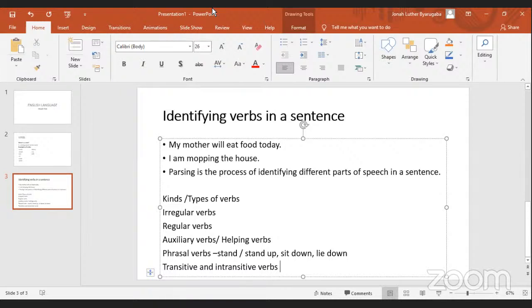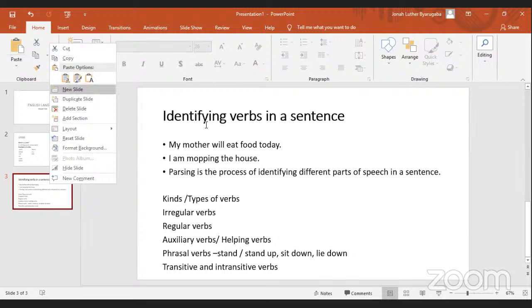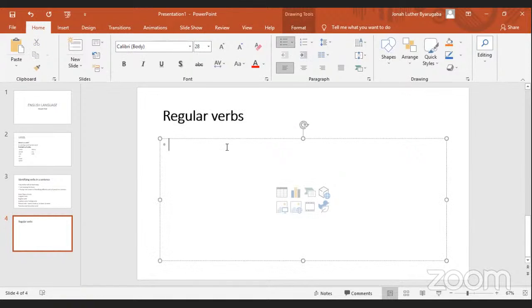So today we are going to look at only one type of verbs, and that is regular verbs. But before we dive into regular verbs deeply, we need to know that verbs have got forms. They keep on changing according to different forms. The first form is what we call the infinitive, and that is the form we look up in a dictionary.